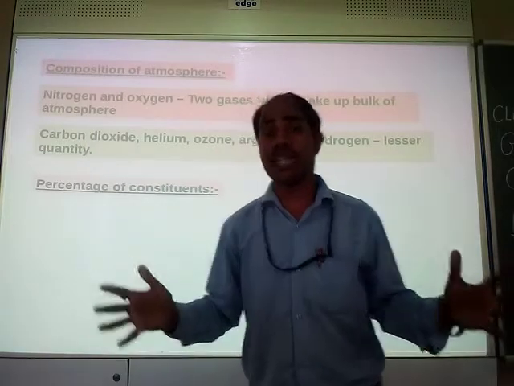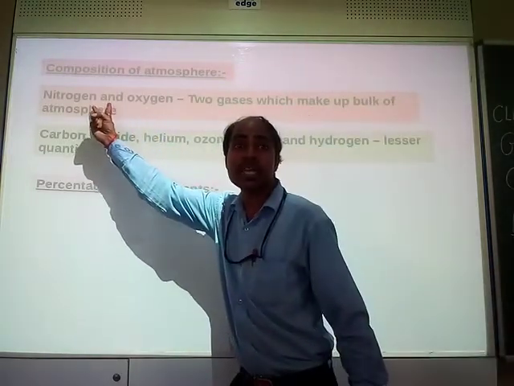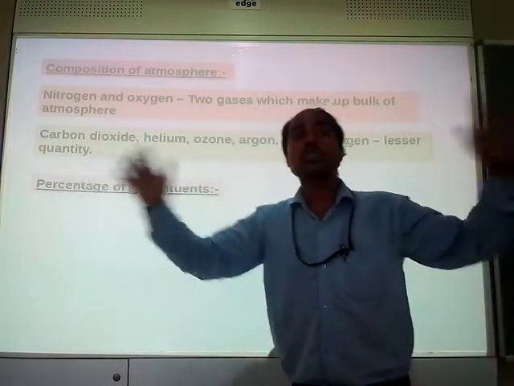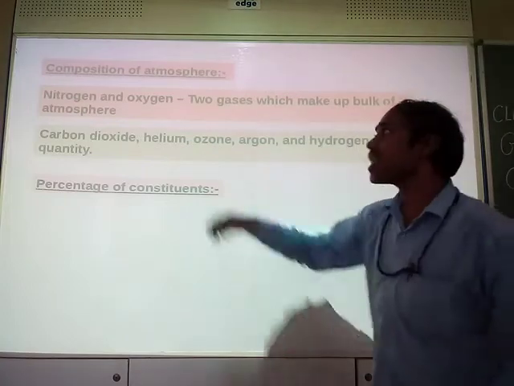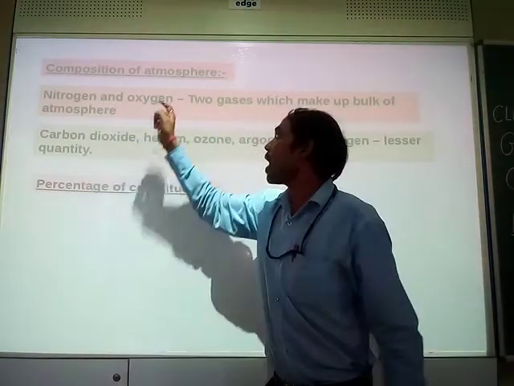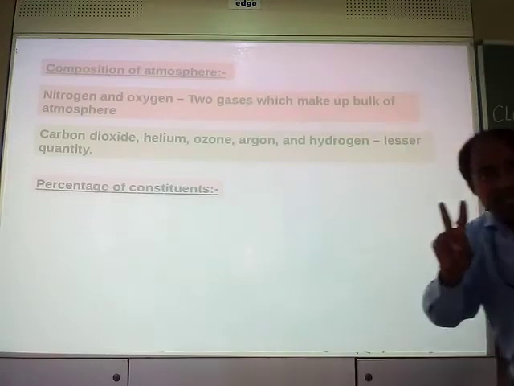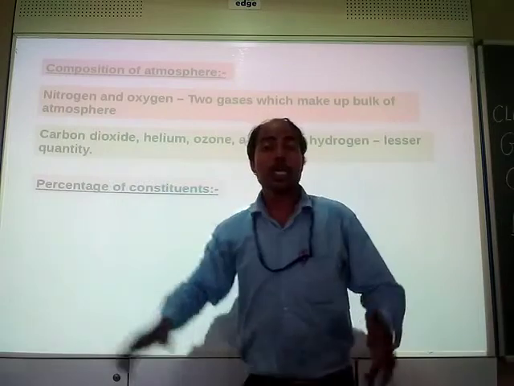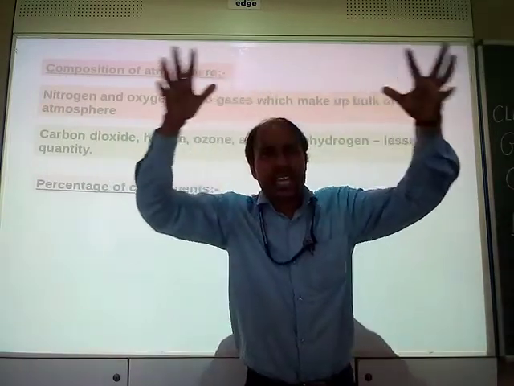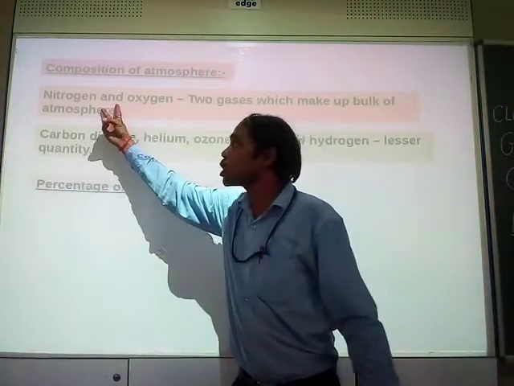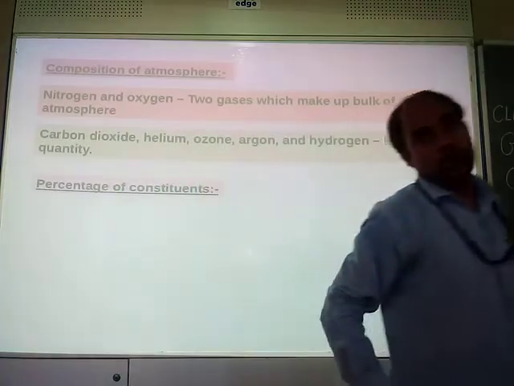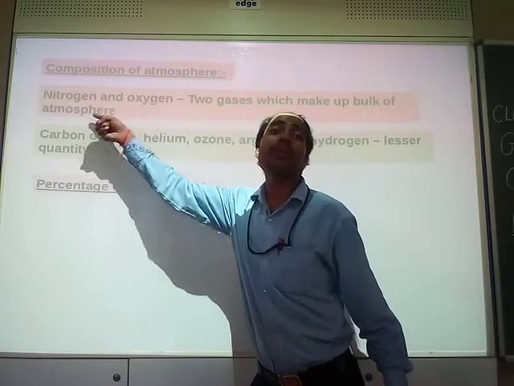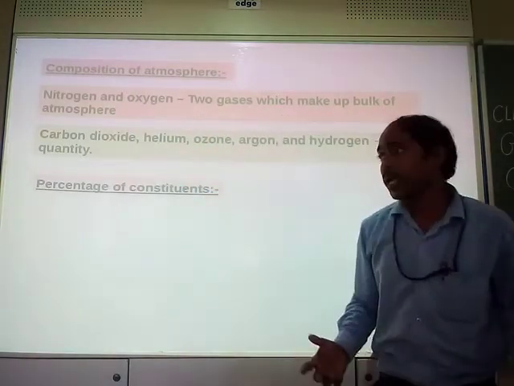That means these two gases are available in the atmosphere in larger quantity. What are these two gases? Nitrogen and oxygen. These are the two gases which make up the bulk of the atmosphere. That means the atmosphere is mainly made up of these two gases. These two gases form the major part of the atmosphere, right?